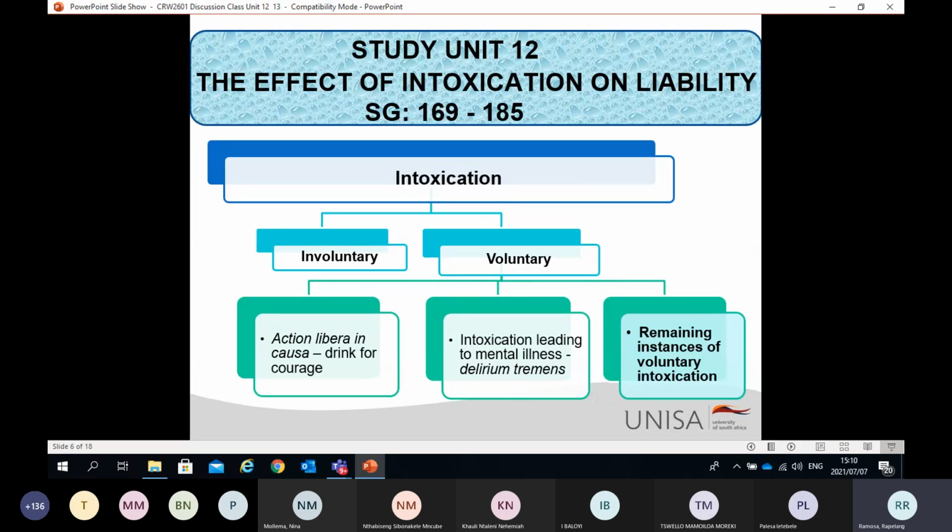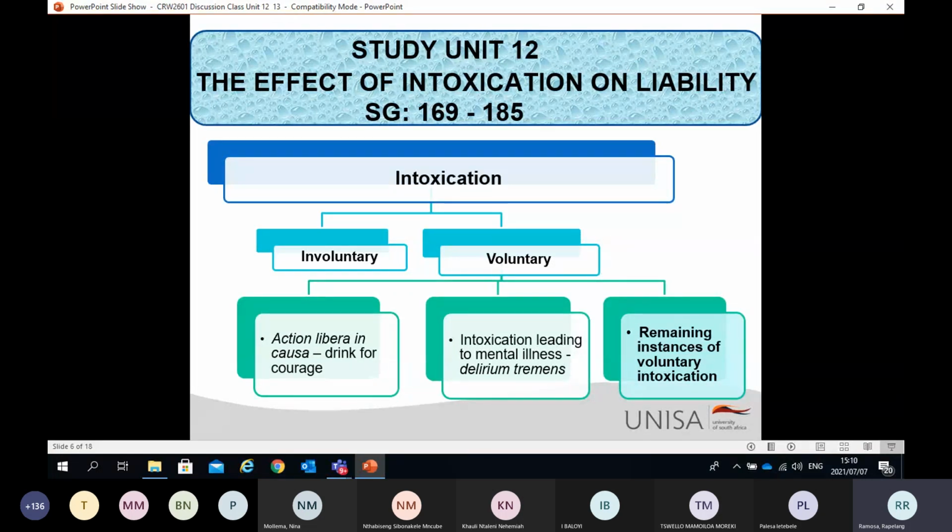We are not talking about instances where a person spikes your drink or you become intoxicated in an involuntary manner. In those instances, the law says that you have a complete defense against liability.